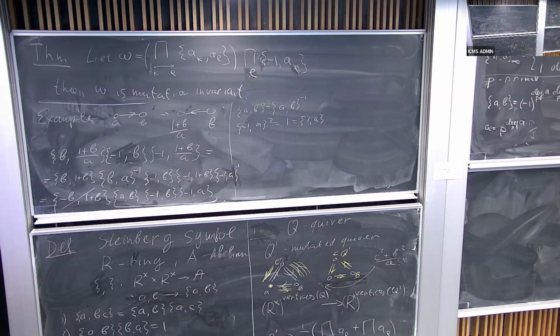On Teichmüller space you can consider not any point, but only points with rational coordinates. So you have rational points of Teichmüller space, and for rational points you can compute an invariant.